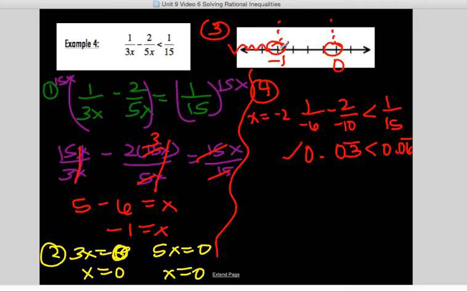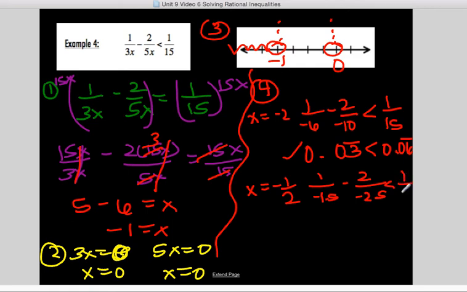We check in between -1 and 0. Any number in between -1 and 0. I was thinking ahead. I'm going to do -1/2, because that's in between -1 and 0. So I'd have 1 over 3 times -1/2 is -1.5, minus 2 over -2.5.